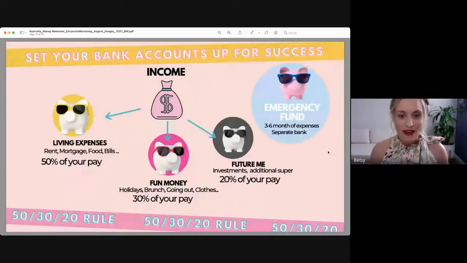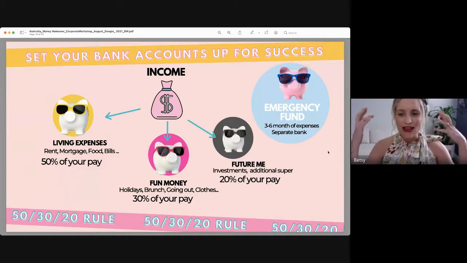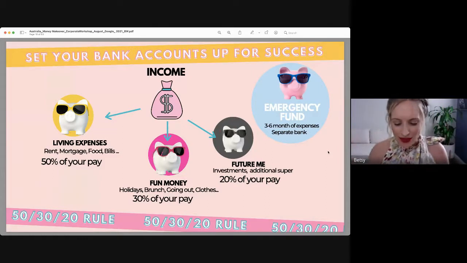For many of us, we just have the one account, and from that one account, we've got to pay the bills, keep some money for going out and having a good time when we're permitted to, and for your goals and stuff. And it's all sloshing around in the one account, and you've got to perform this mental gymnastics to keep track of things. I don't know about you, but that reeks of effort to me.